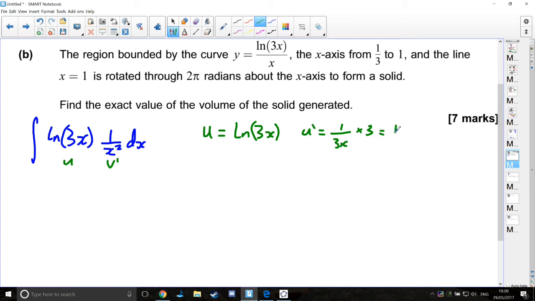And that is 1 over x. For the other part then, we have v dash, which is 1 over x squared, but I'm going to rewrite that as something a bit nicer. I'm going to write that as x to the power of negative 2.